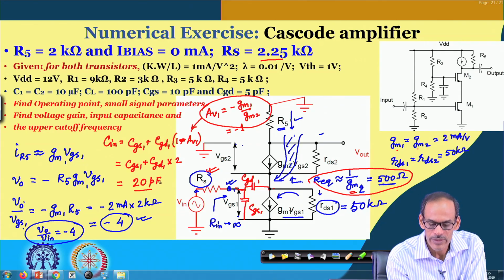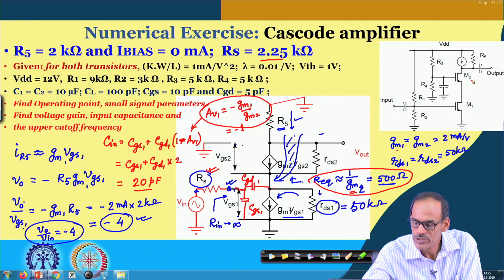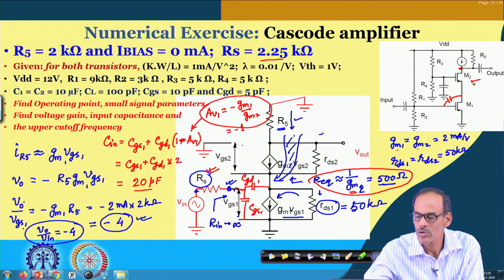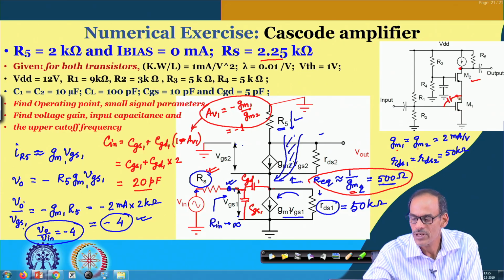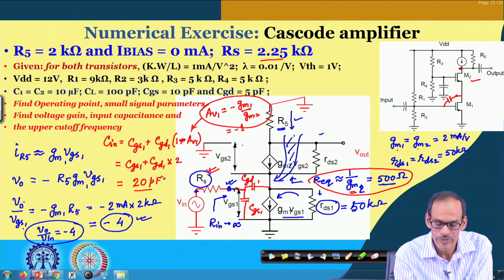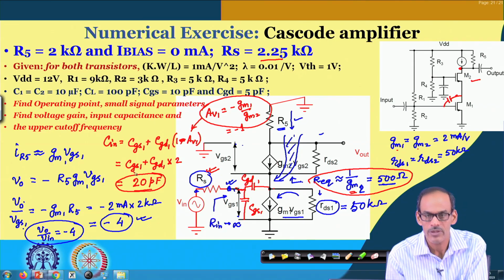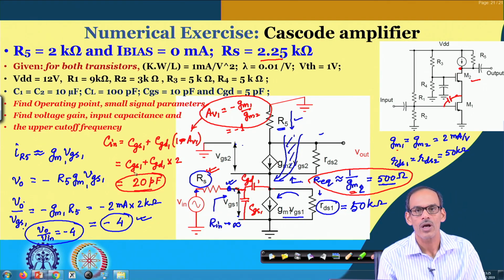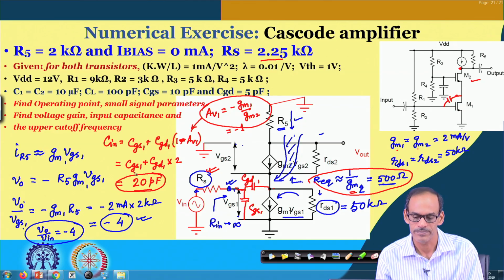We just would like to say that because of the cascode structure, since the CGD here is not exposed to the output node, the Miller factor for this CGD is small. So the input capacitance remains low. For high bandwidth applications, of course, this has some advantage.